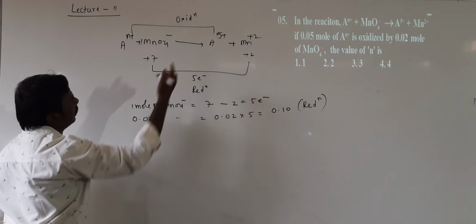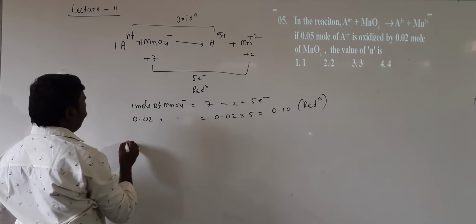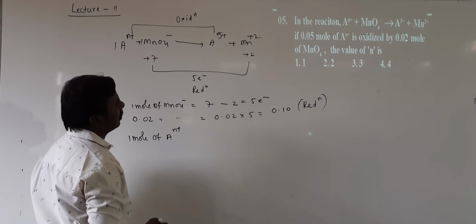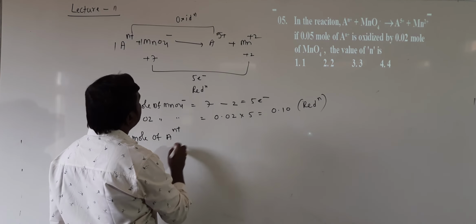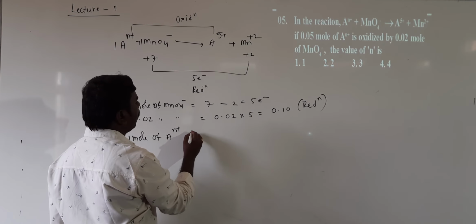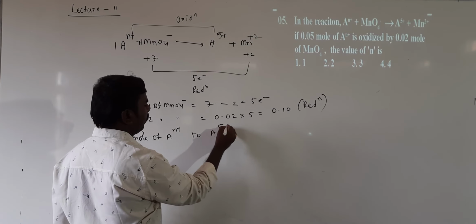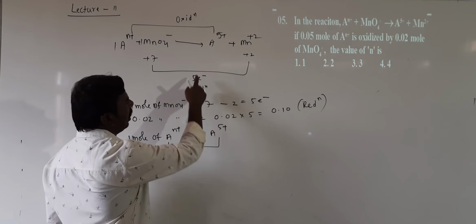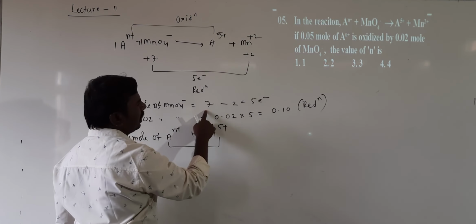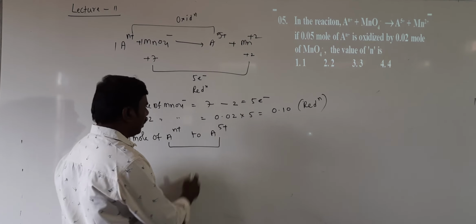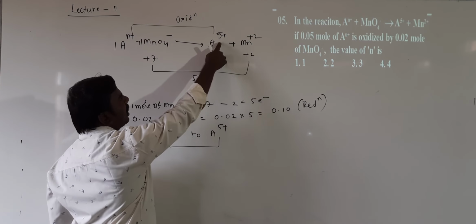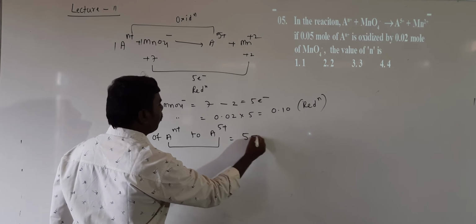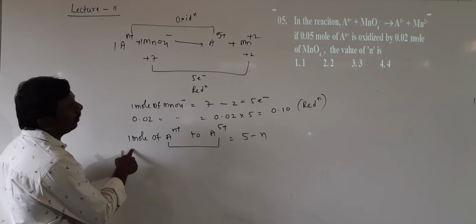Next, on oxidation, 1 mole of A n+ is converted into A +5. How do I get the change? Higher minus lower, like 7 minus 2. Similarly, the higher value will be +5, the lower value will be n. It means 5 minus n for 1 mole.